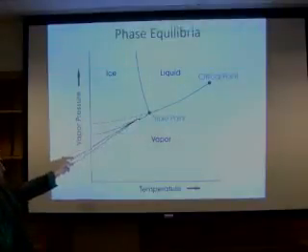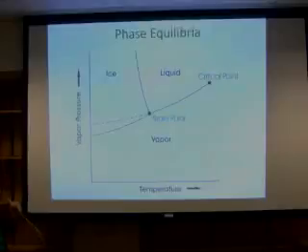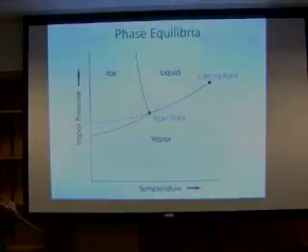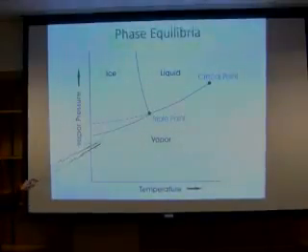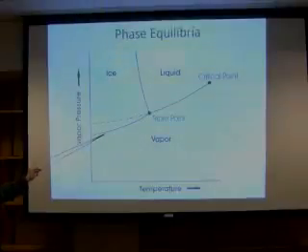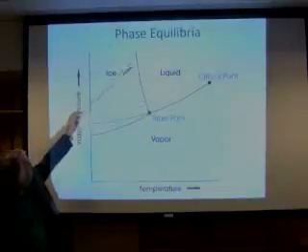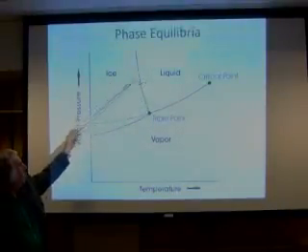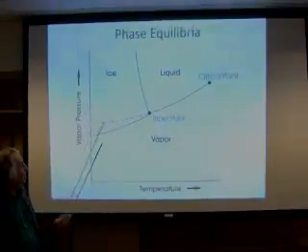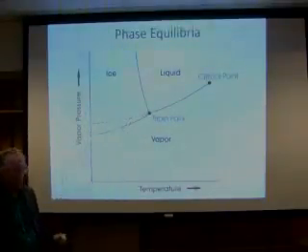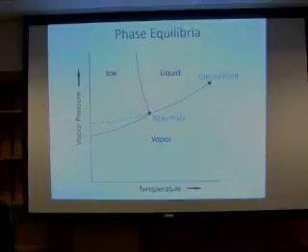This curve represents the phase equilibrium between water vapor and a planar ice surface. So along this curve, ice and vapor are in equilibrium. And along this curve, liquid water and ice are in equilibrium. At this particular point called the triple point, all three phases are in equilibrium.